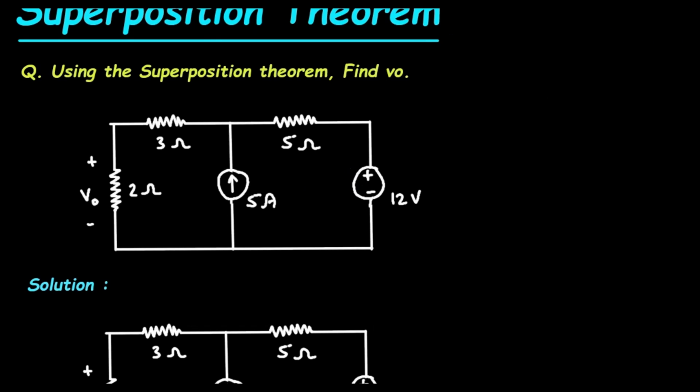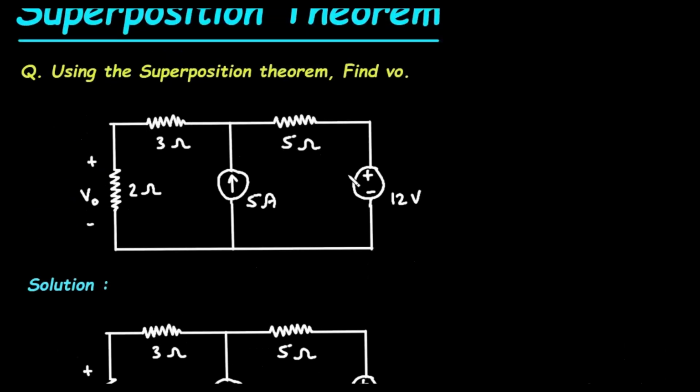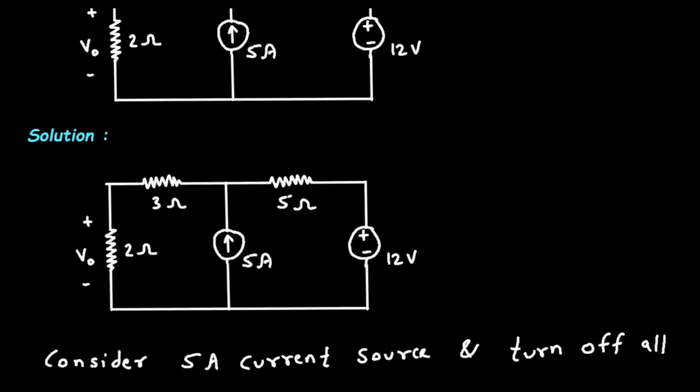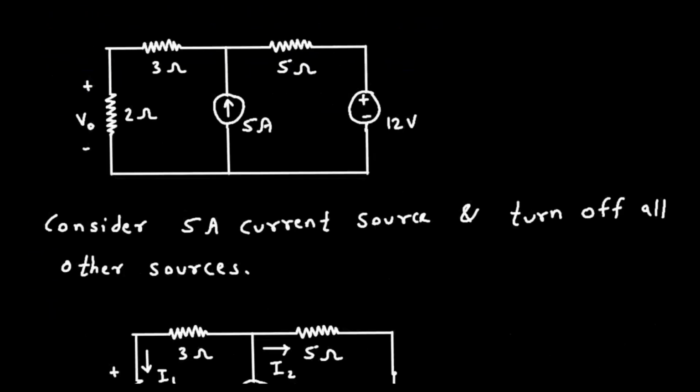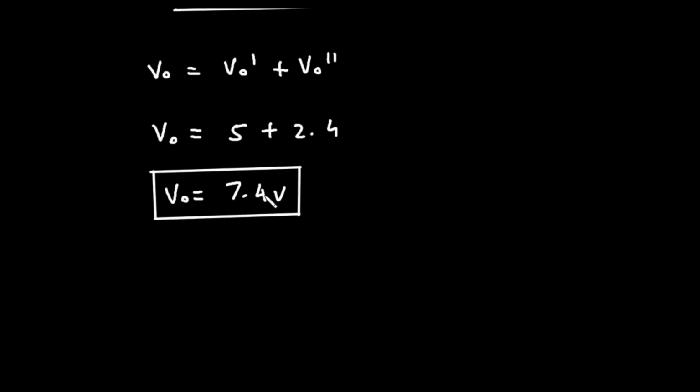So in the superposition theorem, what we did, first we found the voltage caused by this current source and then we found the voltage caused by this 12 volt voltage source. Then next we added them. So the final answer for this problem is 7.4 volt.